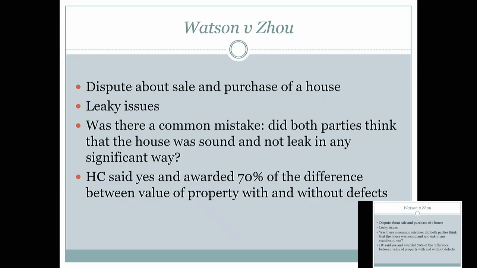And the High Court said, we will award an amount of damages equal to 70% of the difference in value of the property with the leaks as opposed to without the leaks.